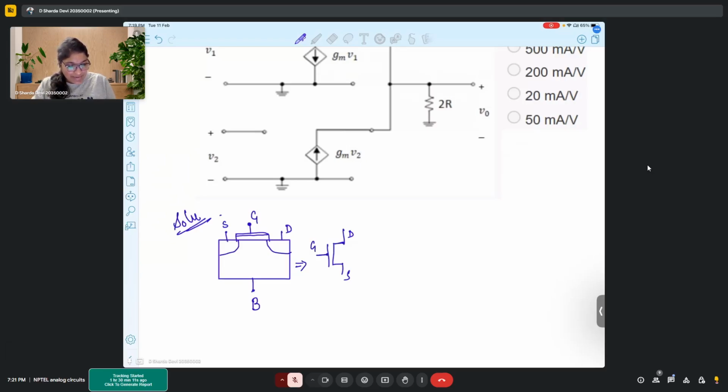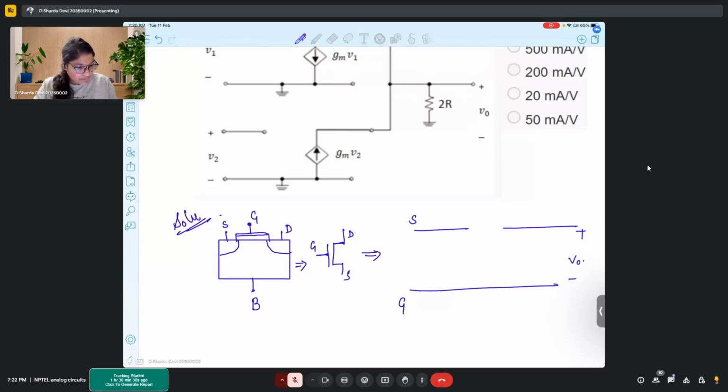But when we want to analyze this in our circuits, especially in analog circuits, we use an equivalent model of a MOSFET for the analysis. And how does that model look like? So the small signal model of MOSFET basically looks like this. This is source, this is gate, this is drain.